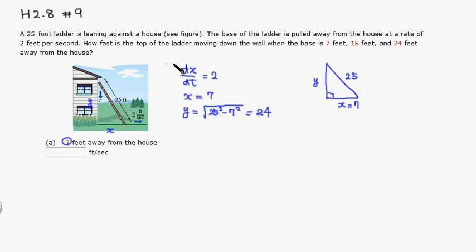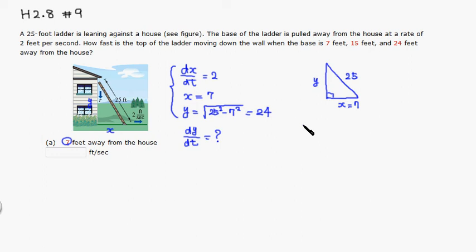These are the given quantities. Then what we are looking for is how fast the top of the ladder is coming down. So we are talking about the rate of change of y with respect to t, so we are looking for dy over dt, which is the question mark.